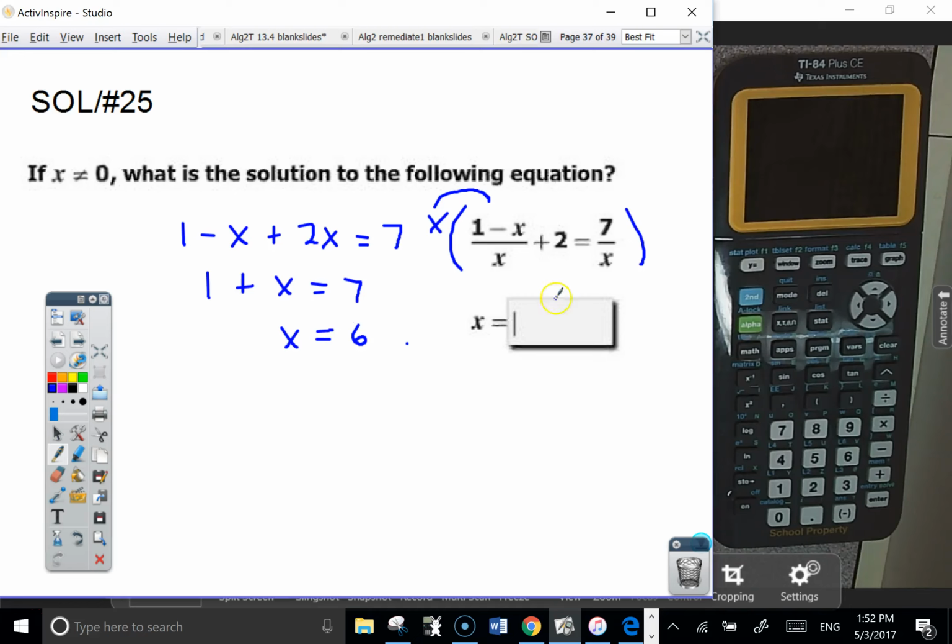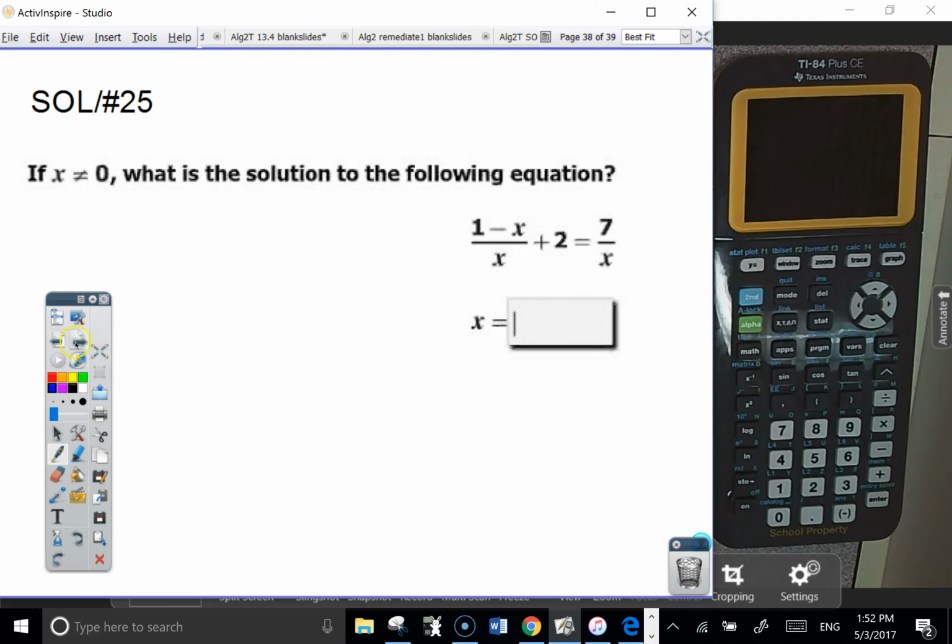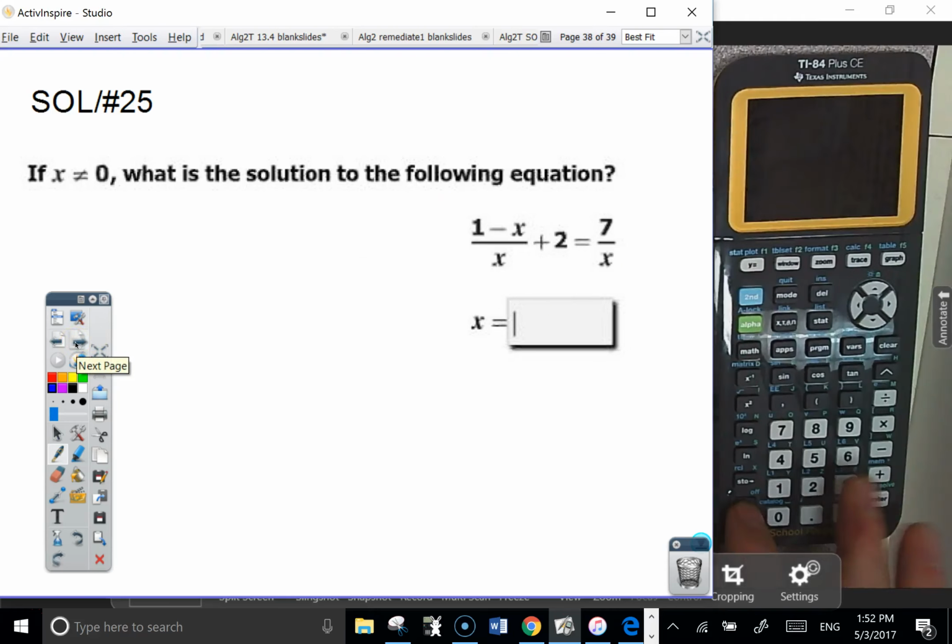So that was a 6. Now, you can't back substitute in a problem like this, but could you solve it as a system? And the answer is yes, you can, very easily.